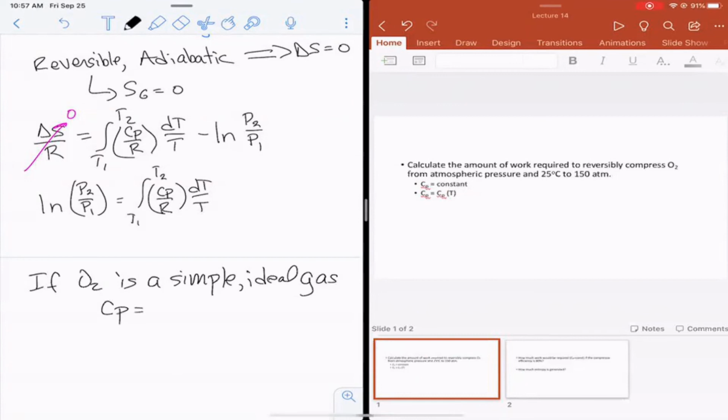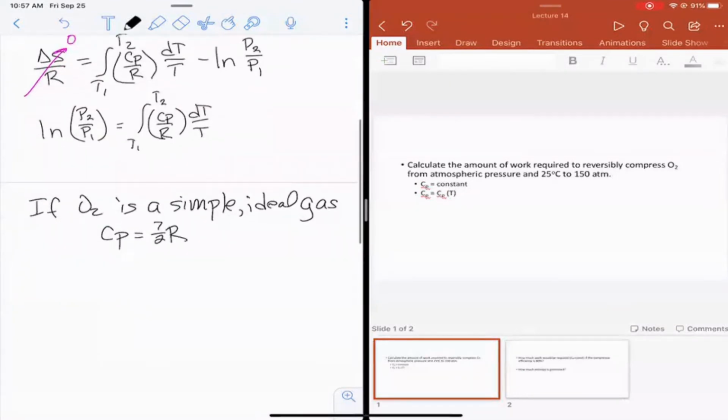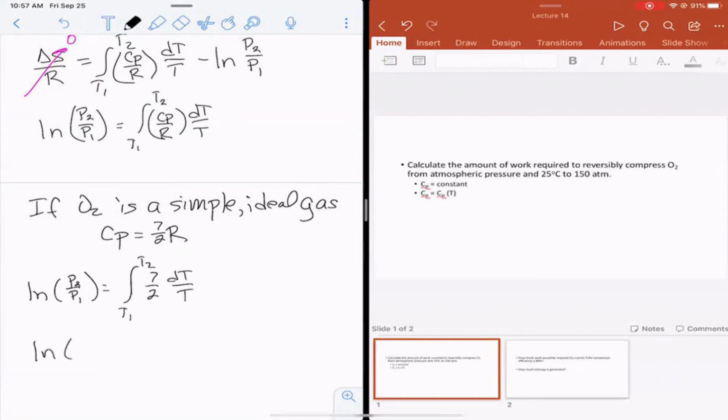So that just means that Cp is equal to 7/2 times R. And so then this becomes the natural log of P2 over P1 equals the integral from T1 to T2 of 7/2 R over R, which is 7/2 times dT over T, or that the natural log of P2 over P1 equals 7/2 times the natural log of T2 over T1.